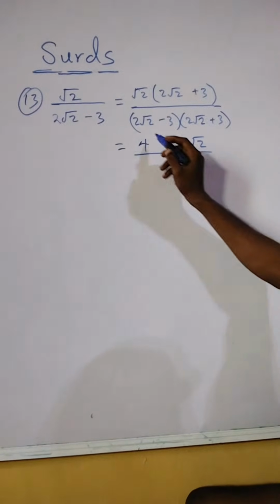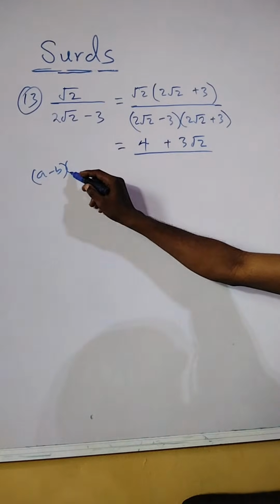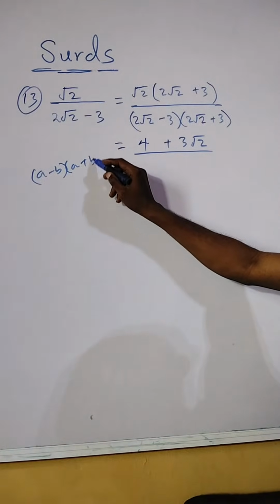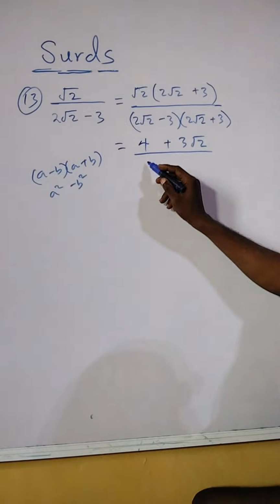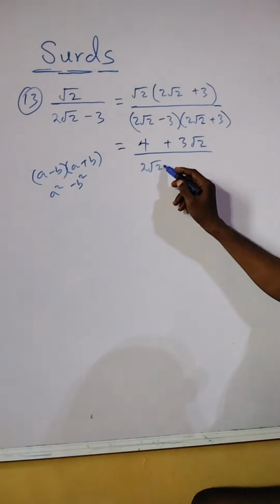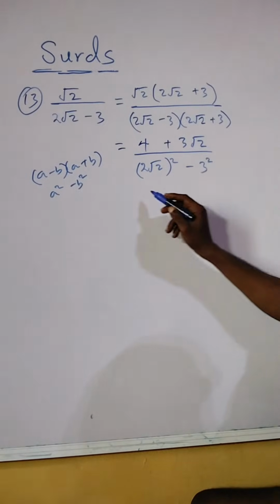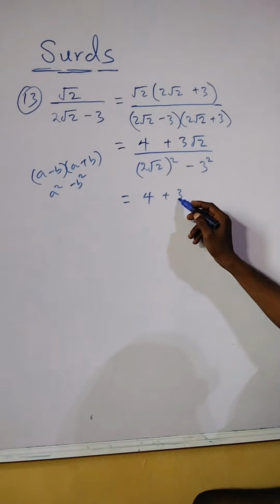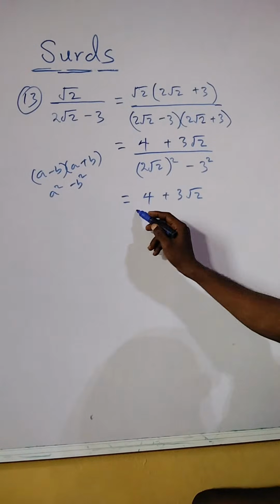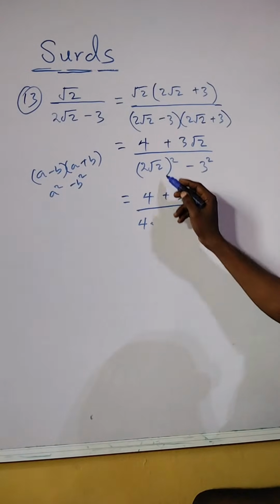Then divided by, this also follows when we have a minus b, two brackets, open bracket a plus b, which is a square minus b square. Here we have 2 root 2 all square minus 3 square. That is, here we have 4 plus 3 root 2 divided by this square will effect 2. 2 squared is 4 times also effect root 2.